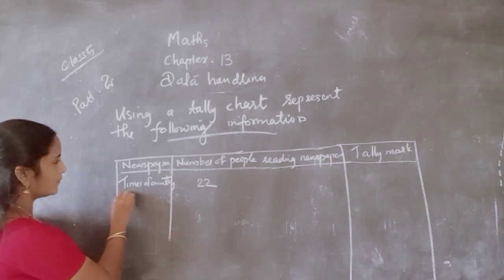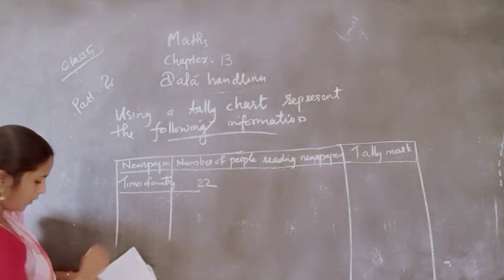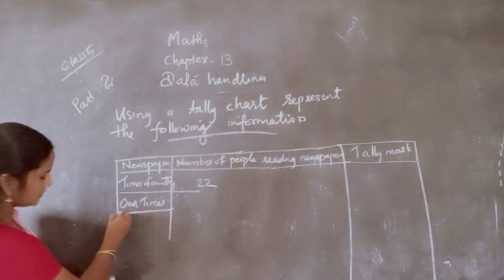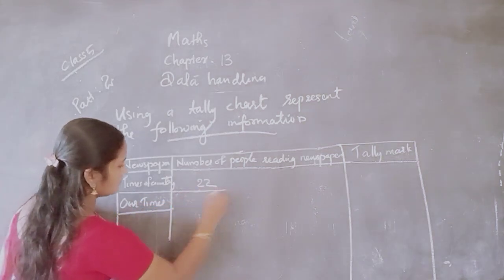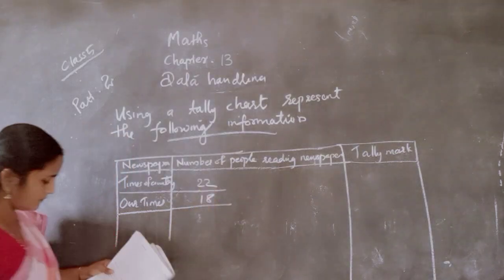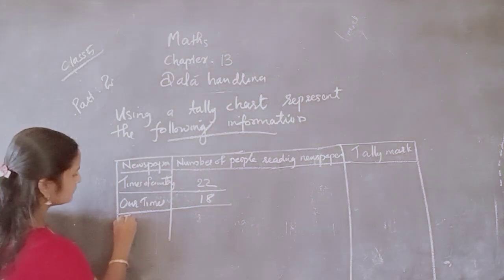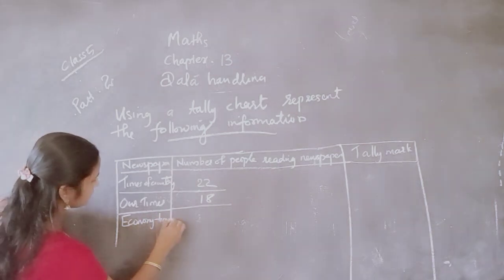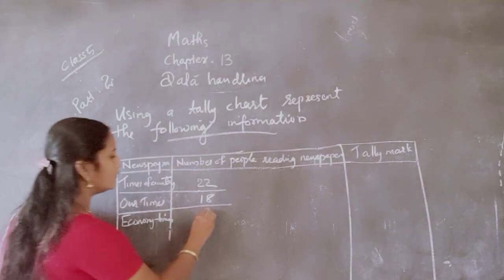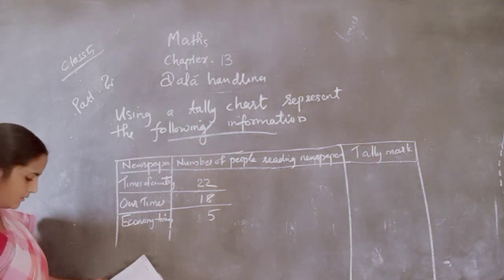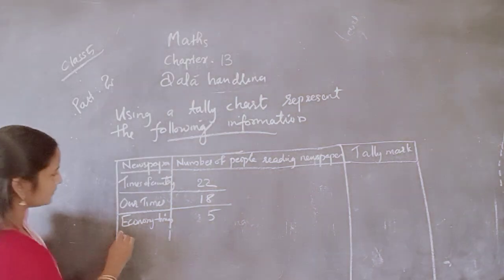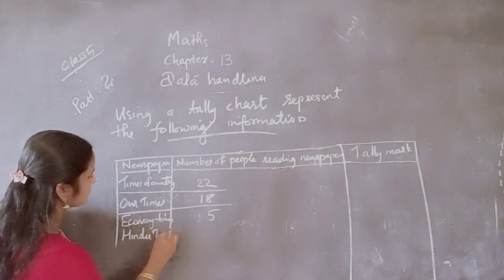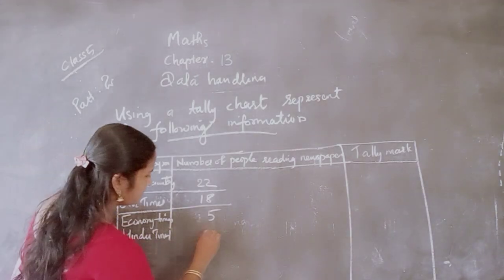22. Second one is Our Times, 18. Economy Times, 5. Hindu Times, 7.